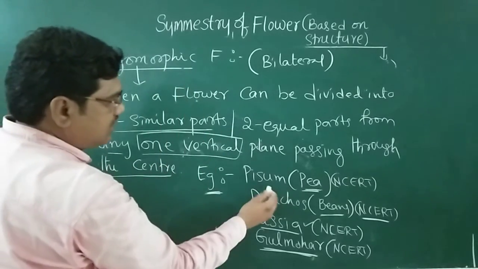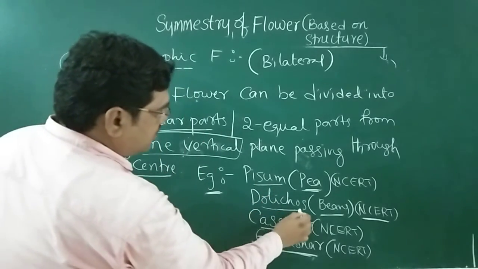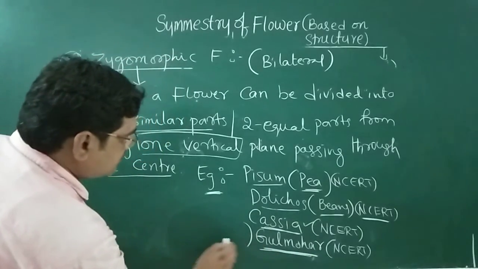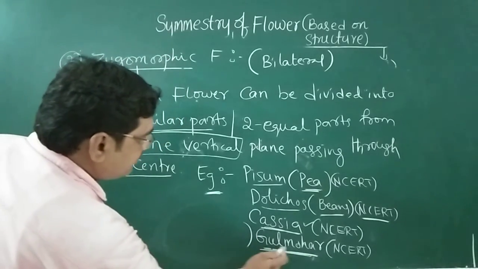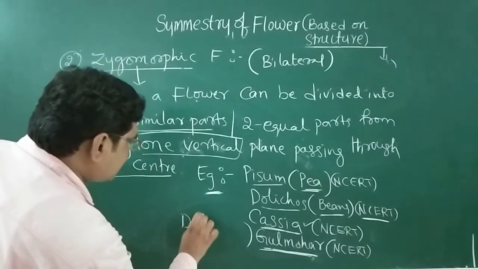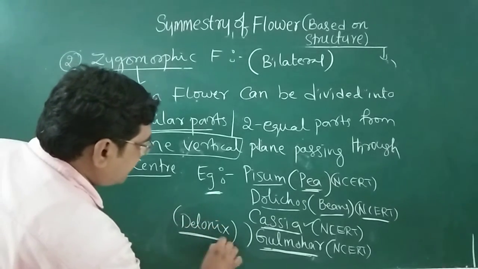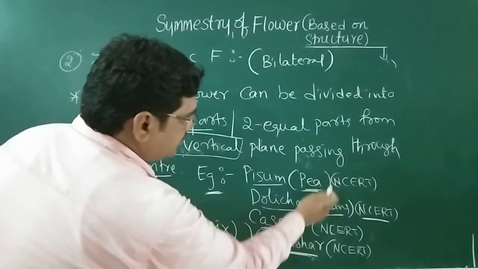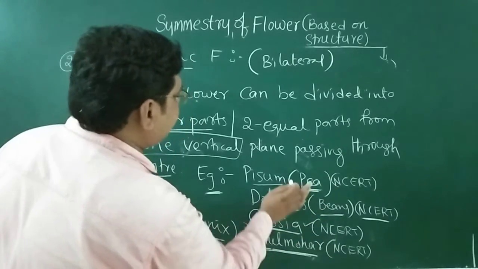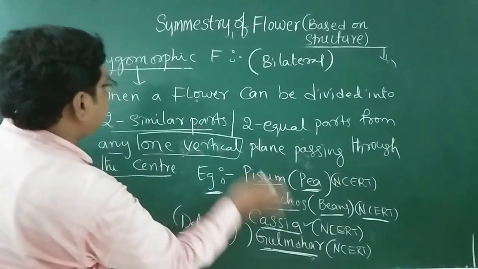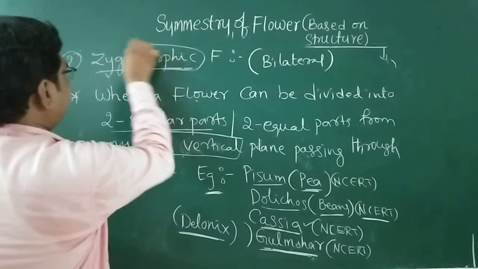What is the scientific name of gulmohar? Delonix is the scientific name of gulmohar. These are examples for zygomorphic flowers: Pisum, Dolichos, Cassia, gulmohar.